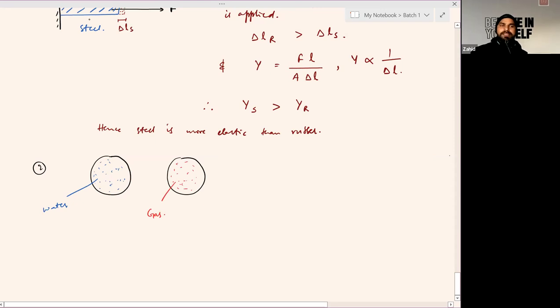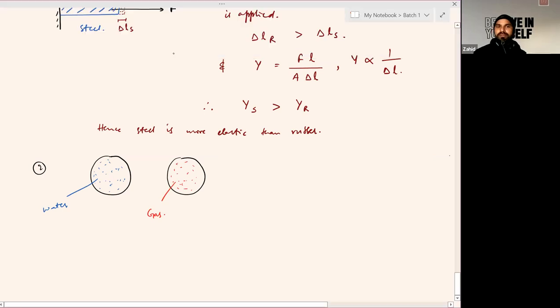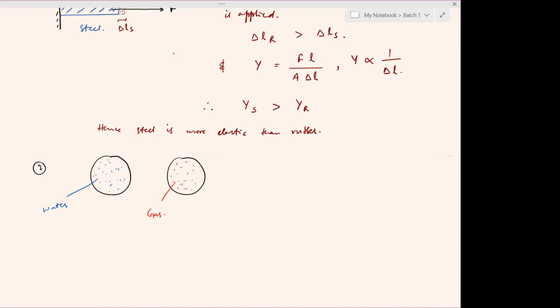Now, if you apply the same pressure on both of them, in which case do you think there will be more deformation in volume? Gas.